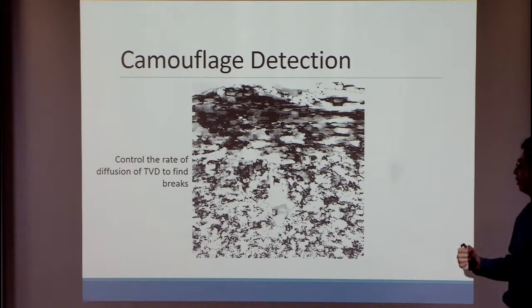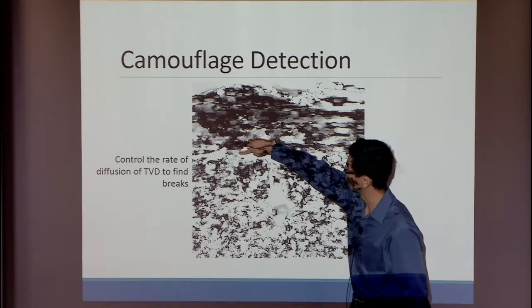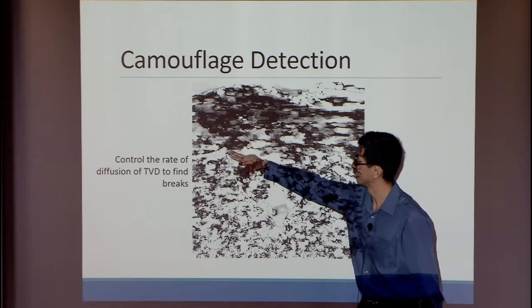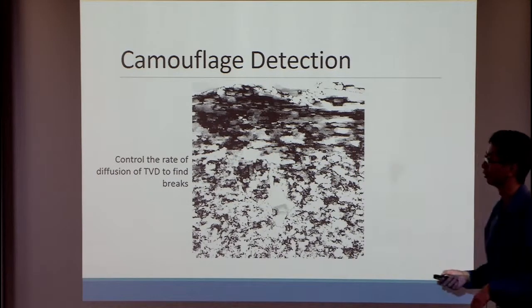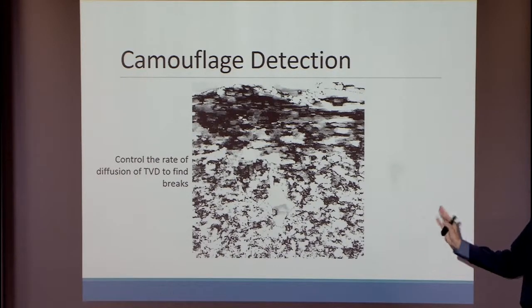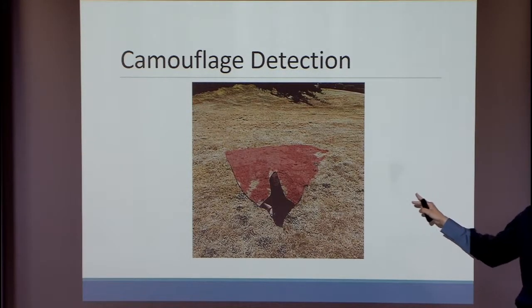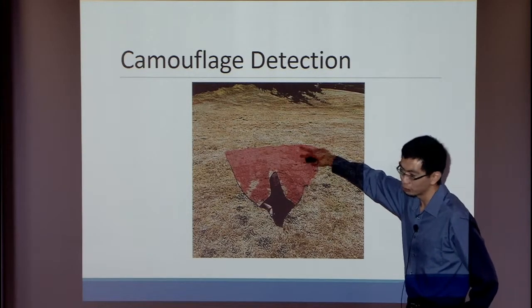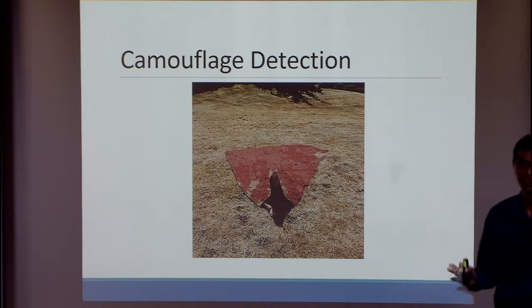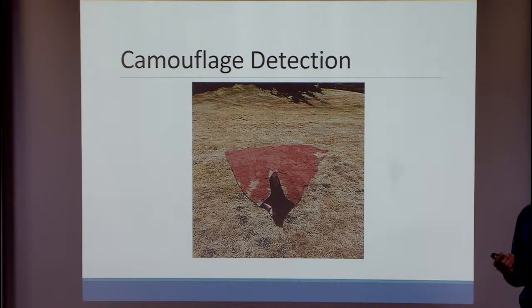You can see at this area here there are two patches of variation and a small cut in between. Basically, you can control how fast your linear solver is moving, and that gives you new insights into what's going on in the image. That allows you to detect a very small break in a texture, and that gives you the ability to detect camouflage.